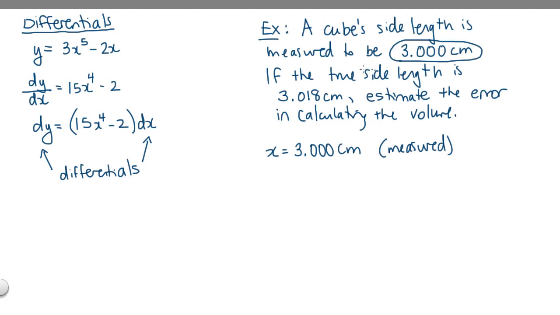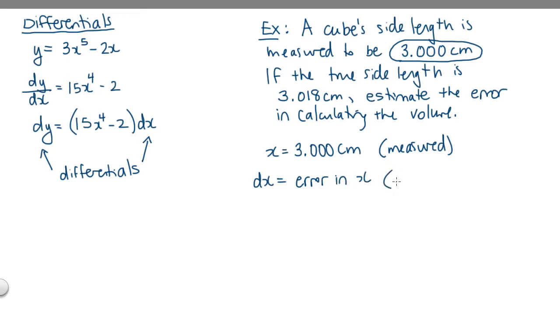Now, we were told that the true side length is actually a little bit bigger. So a little bit of error was made in this problem. And in this context, it's a differential dx that's going to represent that error. So we can think of dx as the error in calculating our value of x.